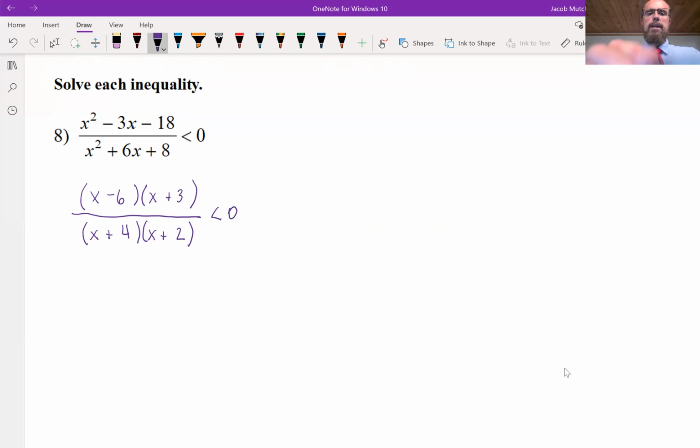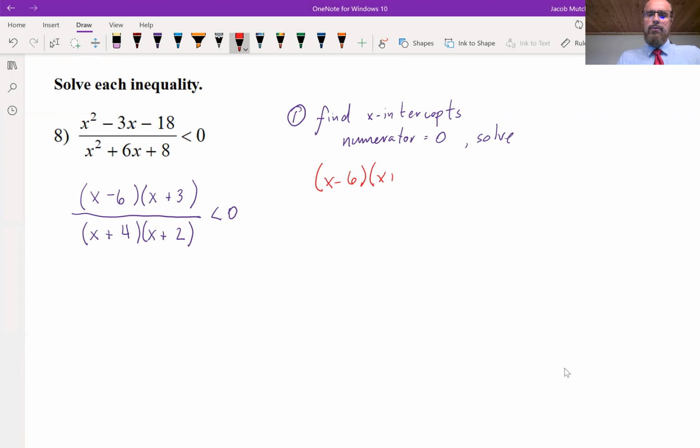Now, I'm ready to look for x-intercepts. So as I'm writing, see if you can recall, where do I need to go, my numerator or my denominator, to find the x-intercepts? Very good. I need to go to my numerator, set it equal to 0, and solve. So I'm going to set that numerator in its factored form equal to 0, x minus 6 times x plus 3 equals 0.